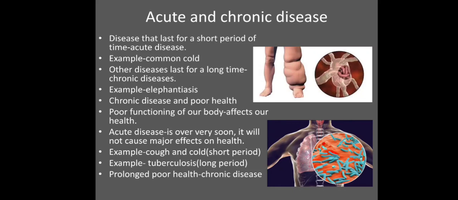We are likely to have prolonged general poor health if we have a chronic disease. So our health is going to be in a poor state for a longer period of time. This chronic disease has drastic long-term effects on people's health as compared to an acute disease. We can say that chronic disease is more severe than acute disease.